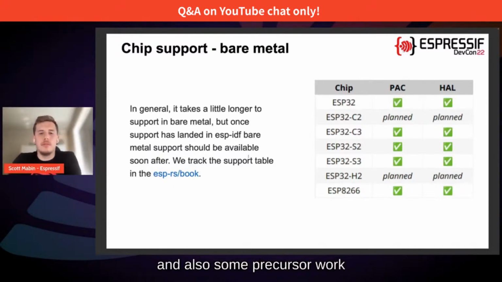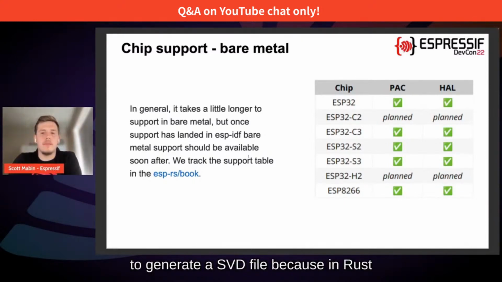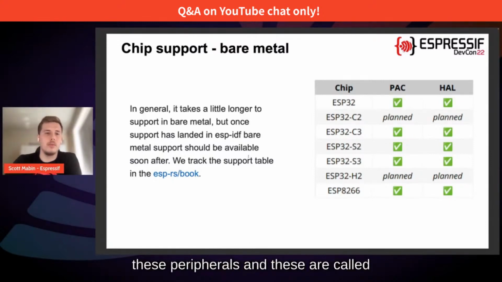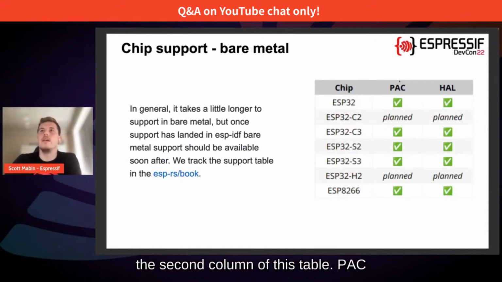There's also some precursor work to generate an SVD file, because in Rust we use a tool called svd2rust, which will take an SVD description of the chip, all the peripherals, what interrupts it has, etc., and it'll generate Rust code that allows you to access these peripherals, and these are called peripheral access crates. And you can see in the second column of this table, PAC is peripheral access crate.